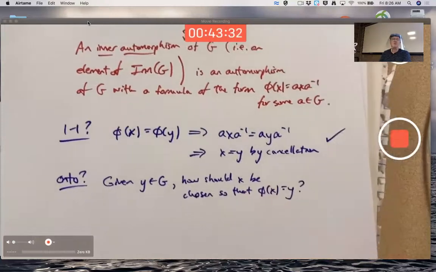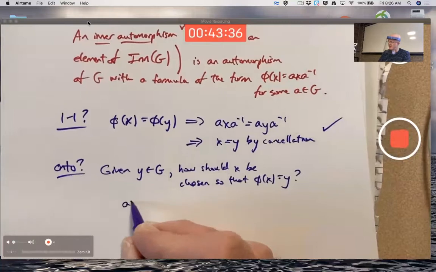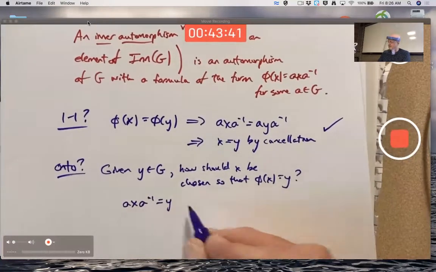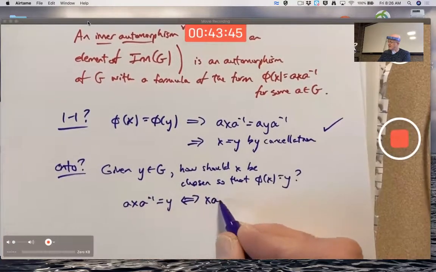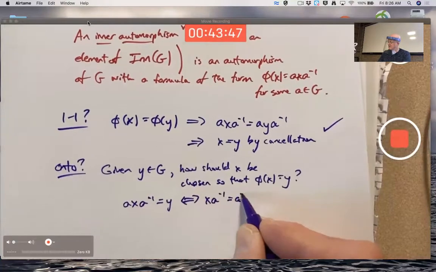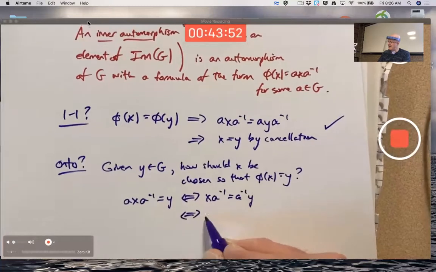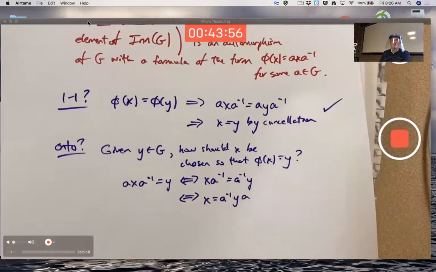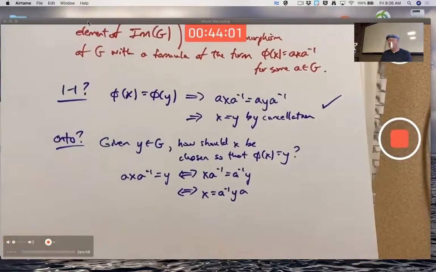And can you always choose such an x? That essentially is equivalent to solving this equation for x. Multiply on the left by a inverse to get this equation, and multiply both sides on the right by a to get that equation. Those implications do go both ways, so this is really enough of a proof.